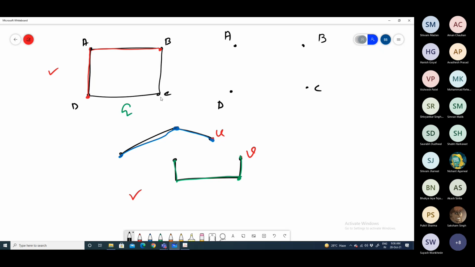But A and C do not have an edge, so we have to add this edge. Similarly, B and D do not have an edge, so we add this. So if this is your G, then this will be your G complement. To find the complement of a graph, we keep the same vertex set, but we choose only those edges which are not in G.